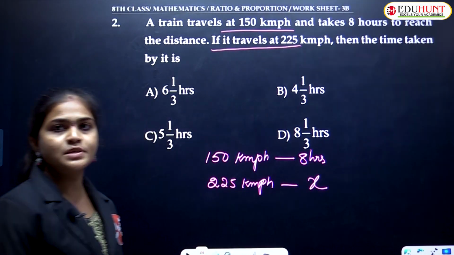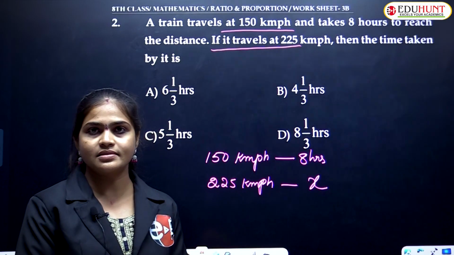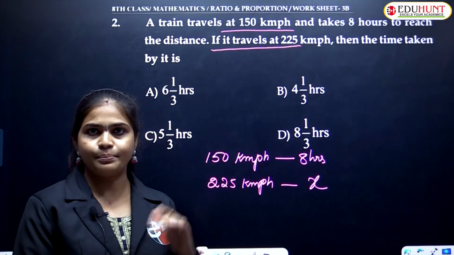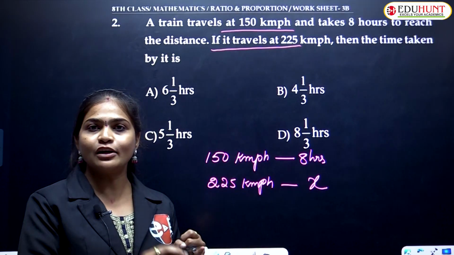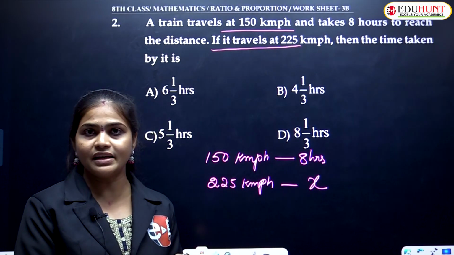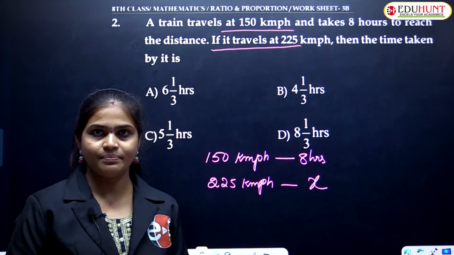So children, just observe, if you take scooters, while you are riding, or your parents are riding those scooters, if they use a 20 kilometers per hour speed, then they will reach the destination in 1 hour.